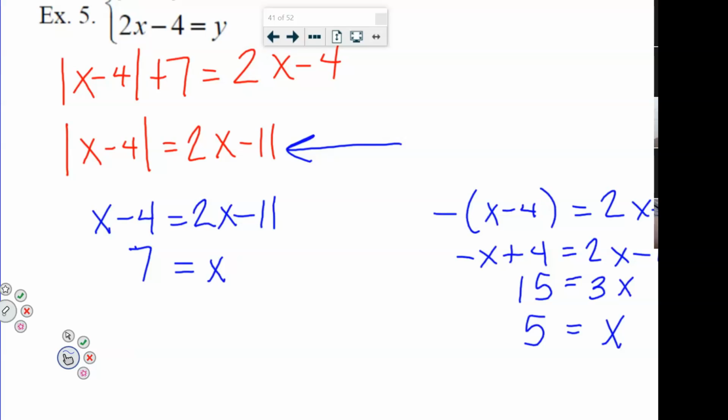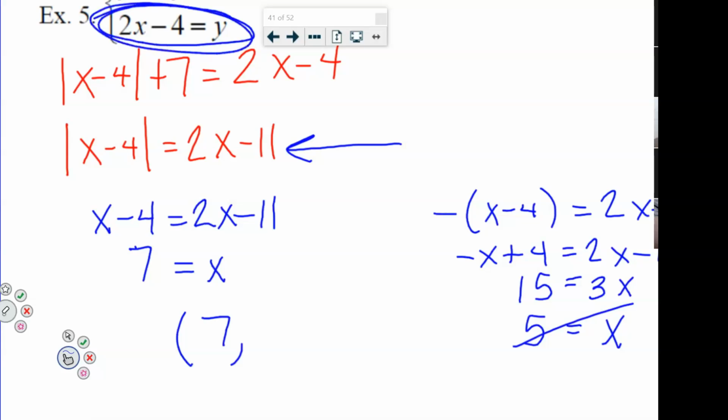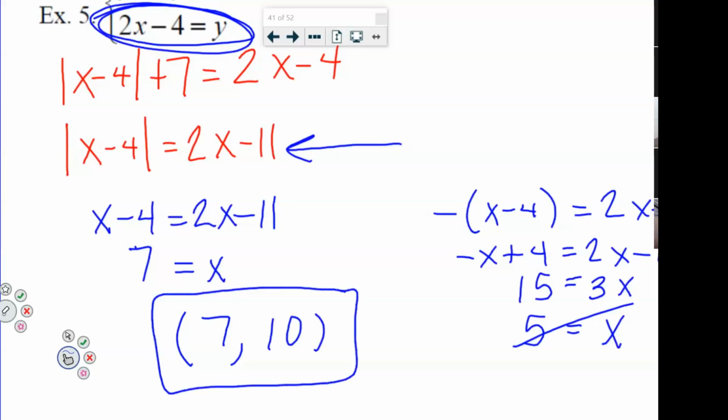I'm going to draw a line through this. So what that means is we only have one intercept, and I know the x value is a 7. So I'm going to plug this 7 in right here, get that y value. The y value is just a 10. Box that in because that's the solution.